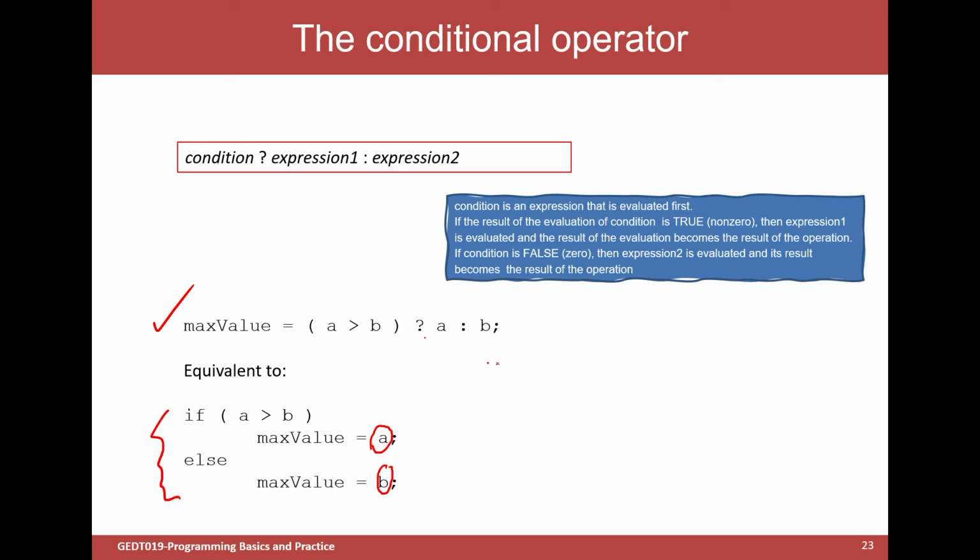Remember, you can do this one or you can do this one, it's up to you. This one is the conditional operator way, and this one is just the normal if statement way.